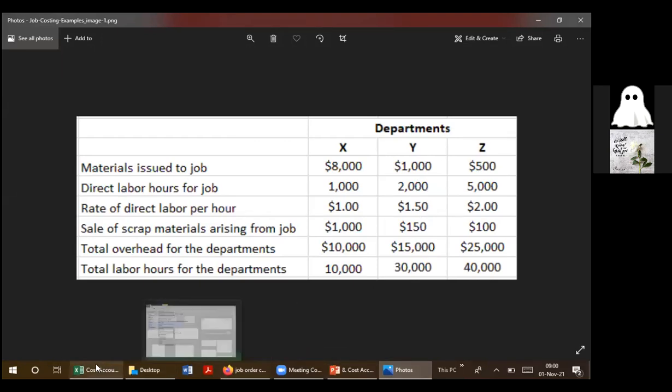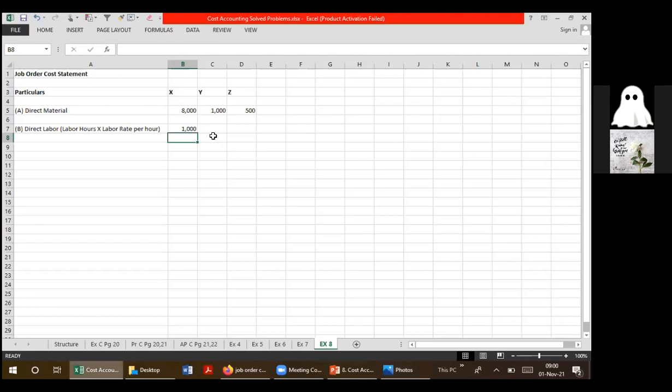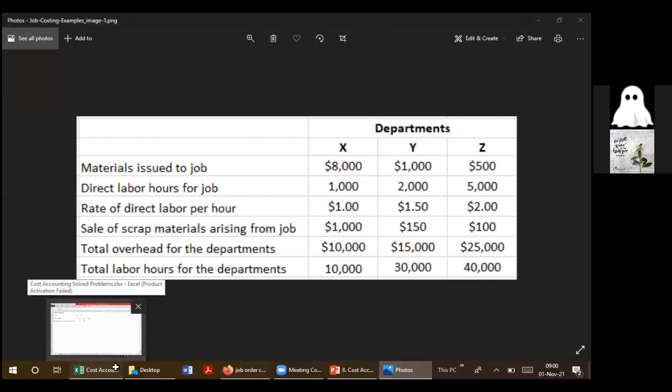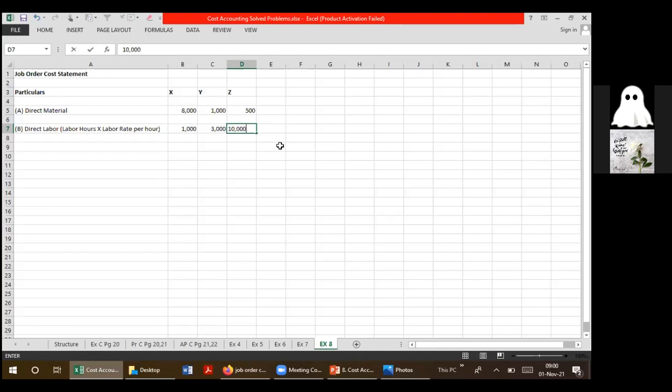So that will be $3000 for department Y, and for department Z, 5000 hours at $2 per hour. That is $10,000. There we have direct labor. Now all we need is the materials.